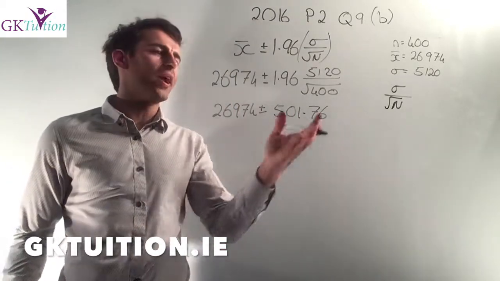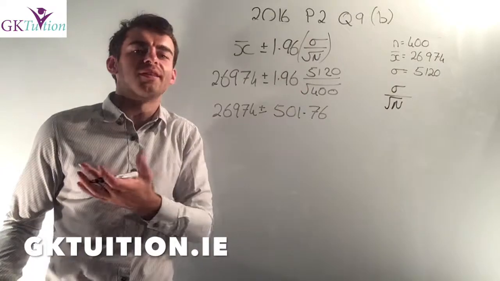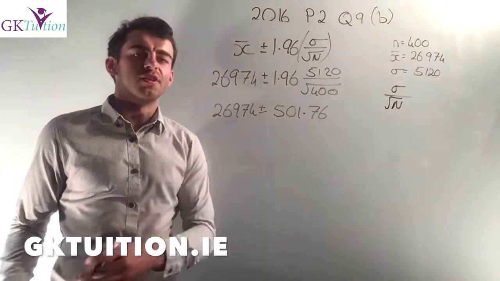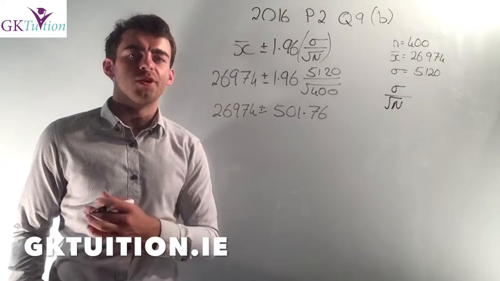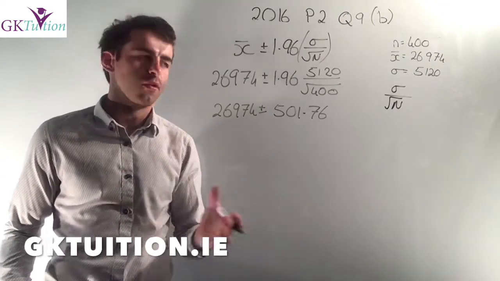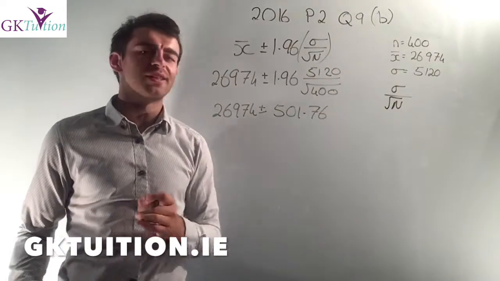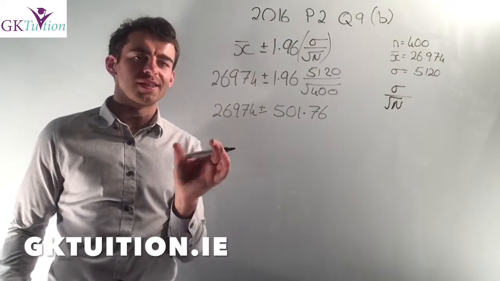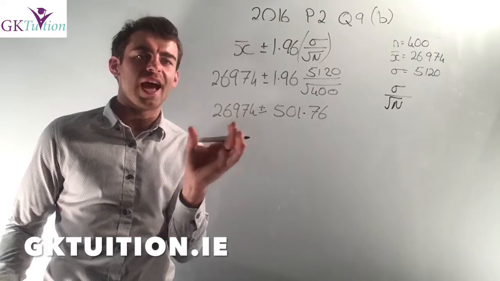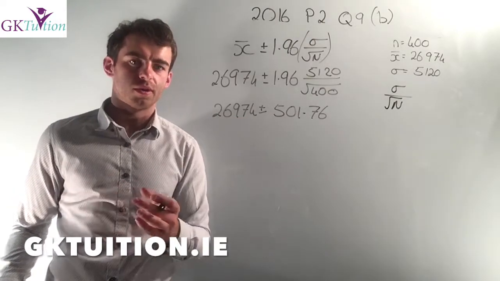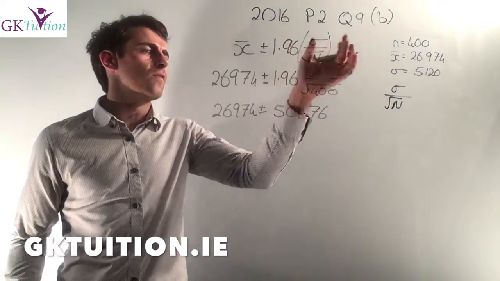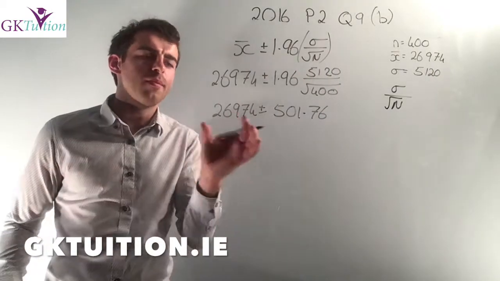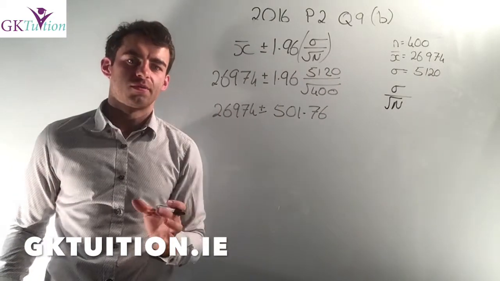So it's important to recognize, let's pretend that this country is Ireland. Let's say that the Research Institute surveyed 400 farmers from Westmeath, and the average works out as 26,974. That figure is not necessarily the average of every farmer in the country, because maybe the farmers in Westmeath are a little bit wealthier than average, or maybe they're a little bit poorer than average.